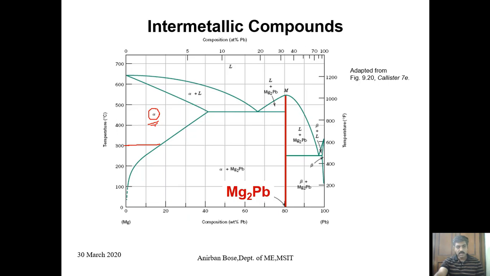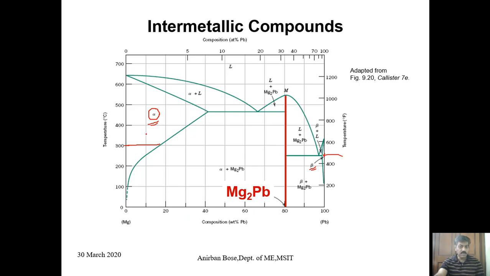Similarly, we can see another primary phase on the other side, where if you try to mix magnesium into lead, suppose there is lead and you try to mix magnesium, it's a very limited solubility, and even at a very high temperature only a few percentage of magnesium goes into lead, but still some amount can go into lead and will form a single phase solid solution, and that is the beta phase.